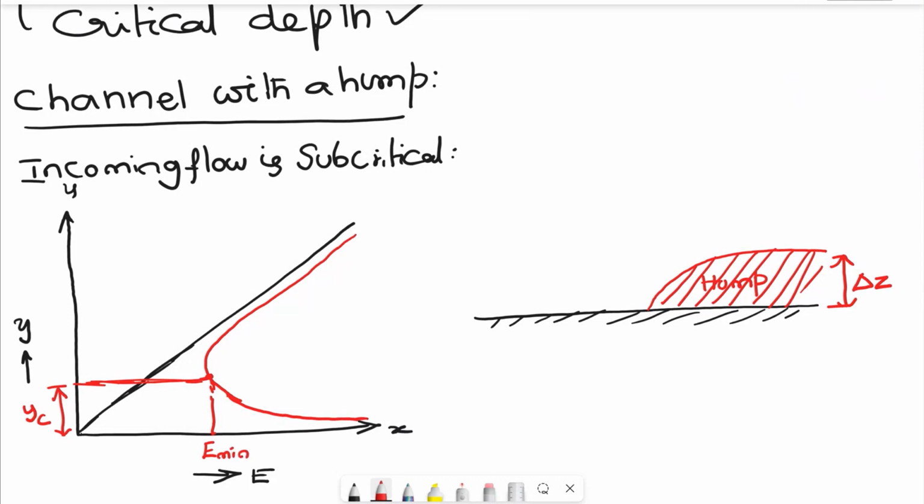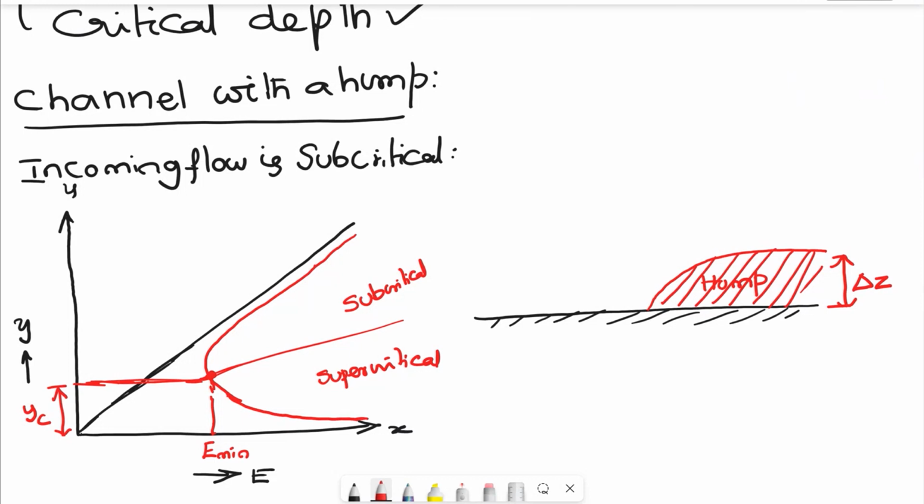Now, our problem. This region is subcritical and this region is supercritical. Both are separated by critical flow. The incoming flow I mentioned is subcritical. That means the depth will be in this range.